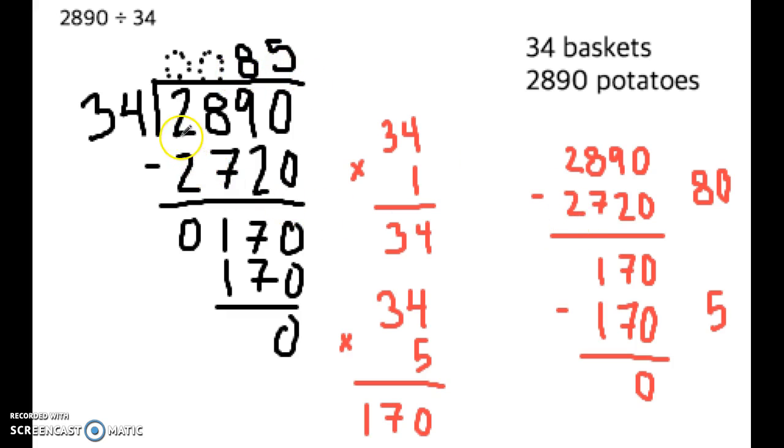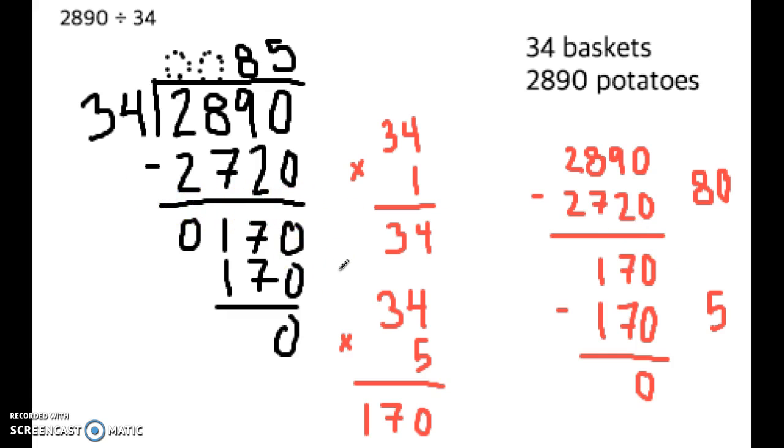So first we looked at our thousands, and we knew that 34 couldn't go into our thousands place. We moved on to our hundreds, and 34 still couldn't go into our hundreds place. In our tens place, we found out that 34 could go in 80 times, and so we multiplied our 34 by 8, or by 80, depending on how you looked at it, and we got 2,720.